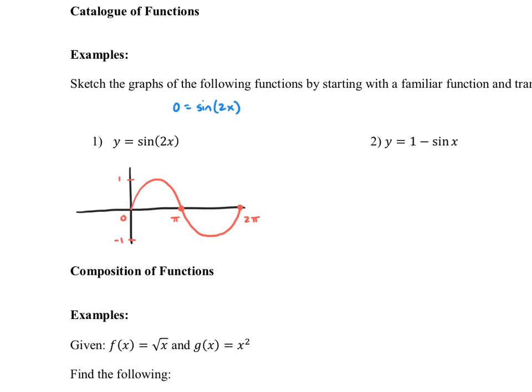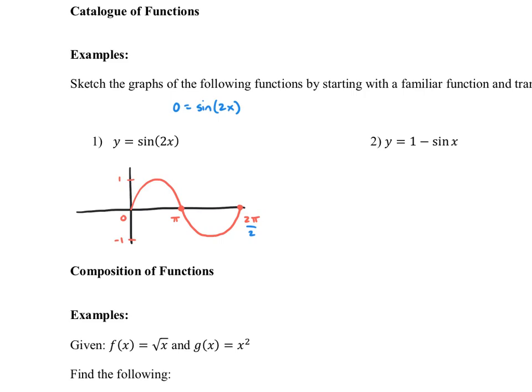When we look at sine of the quantity 2x, horizontally we've shrunk this function by a factor of 1/2. We are essentially squeezing it horizontally, which means each of our x-intercepts would be divided by 2. I'm going to erase these first ones.